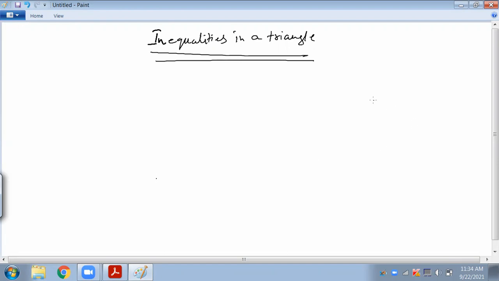Okay, now first we're going to see theorem 7.6, and theorem 7.6 is what?